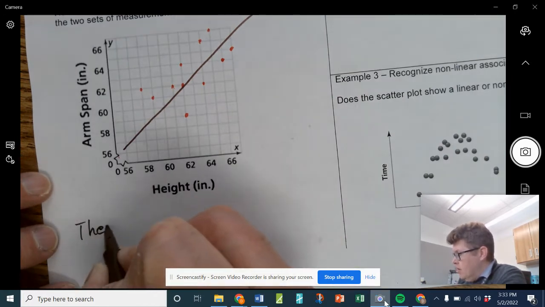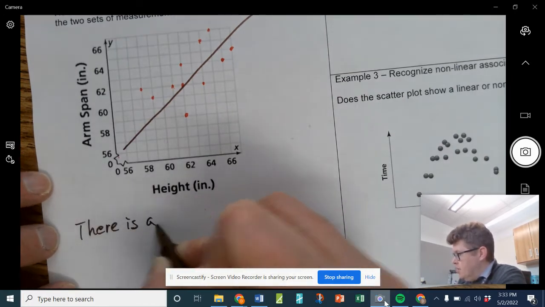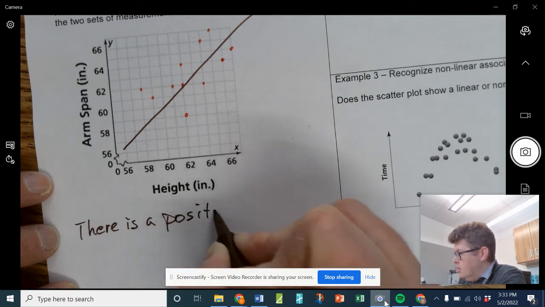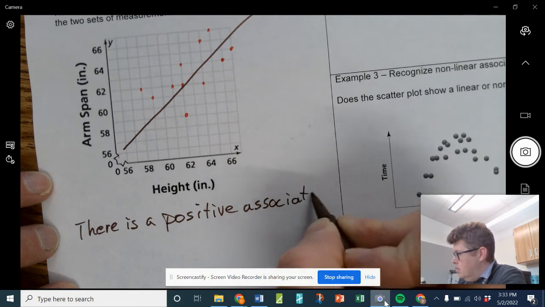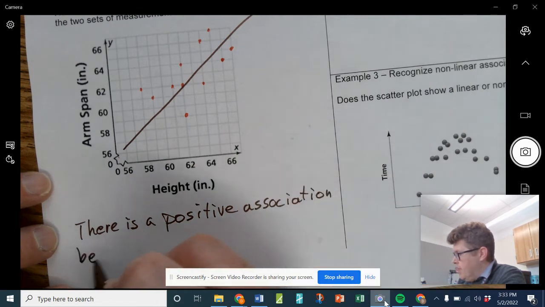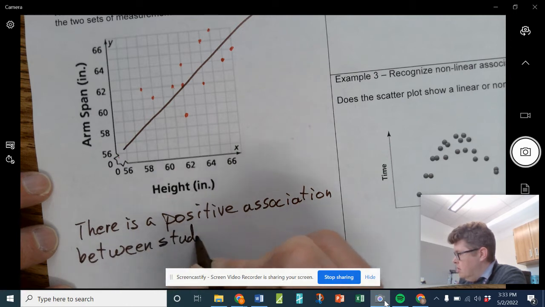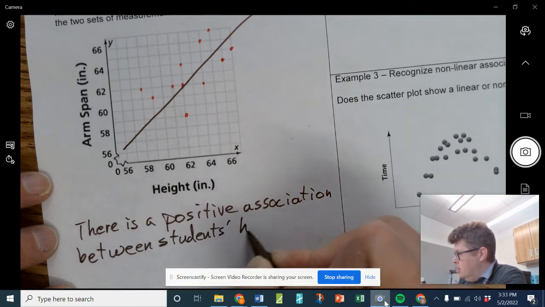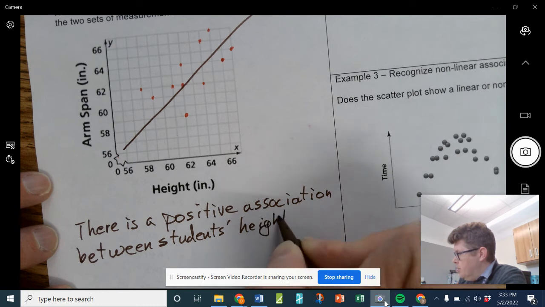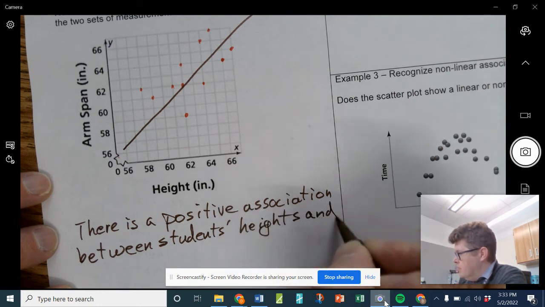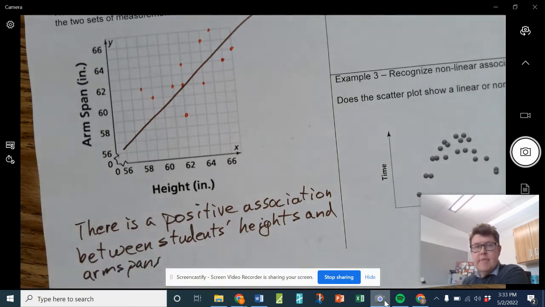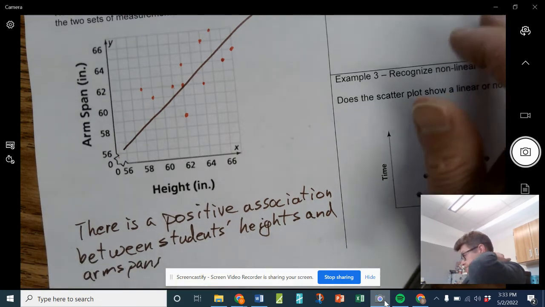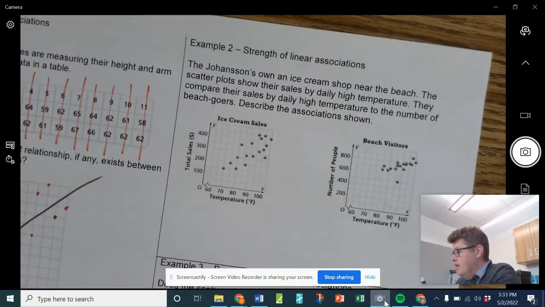So you would say there is a positive association between people's heights, between students' heights, let's say, and arm spans. Okay, that's that, right?